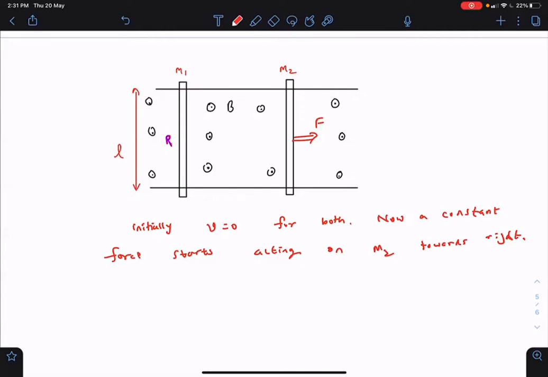Sir, I think here also initially the current will be in clockwise direction, and the flux will keep on increasing till a time will come when M1 will get more force than M2, and they'll have the same velocity.